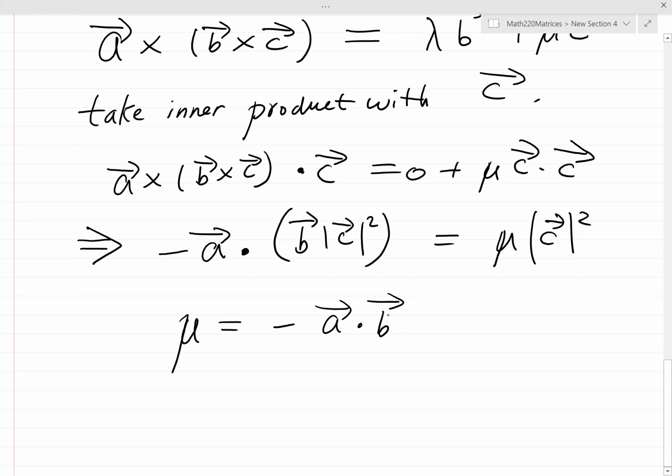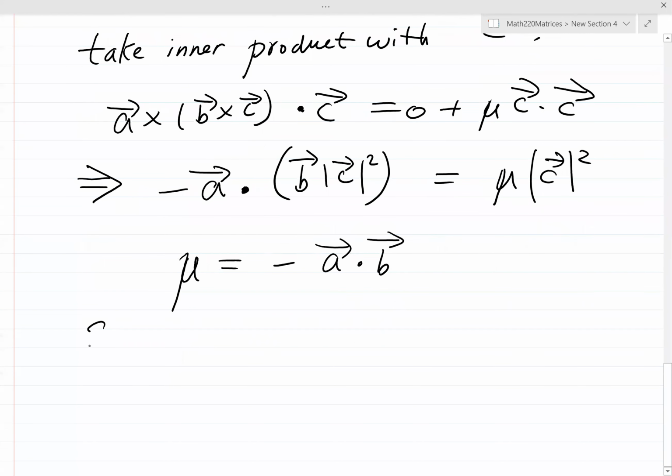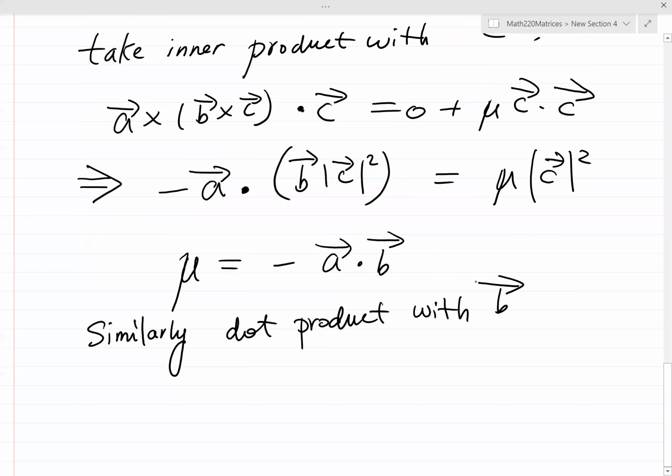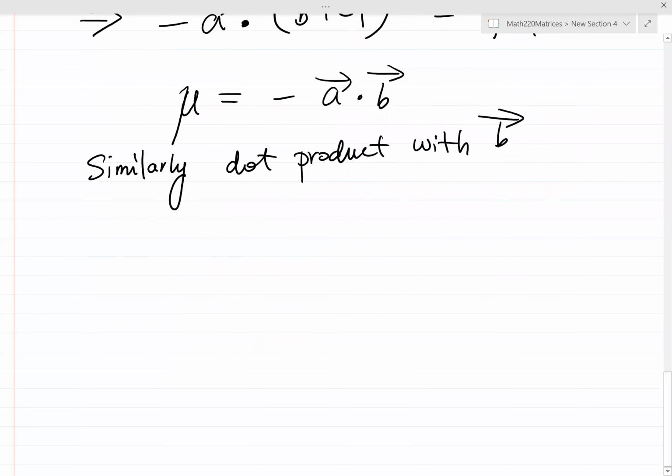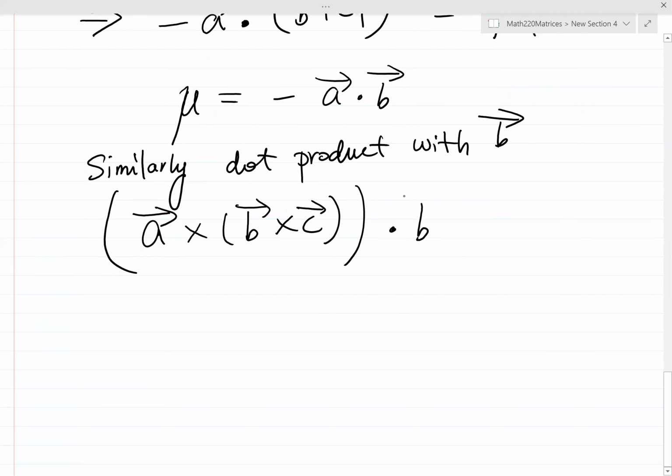Similarly, take the dot product with B. Then we get A cross B cross C dotted with B, which is lambda B norm squared.